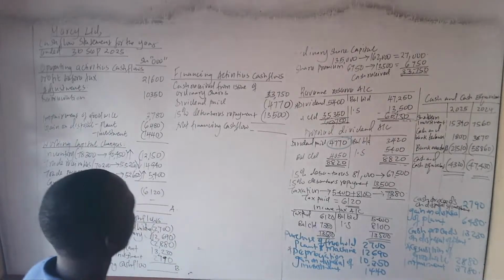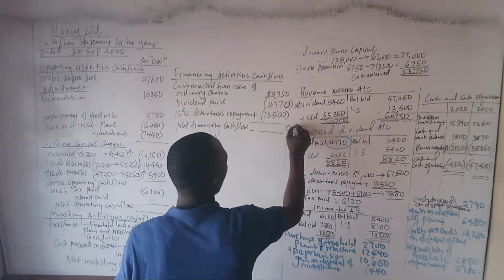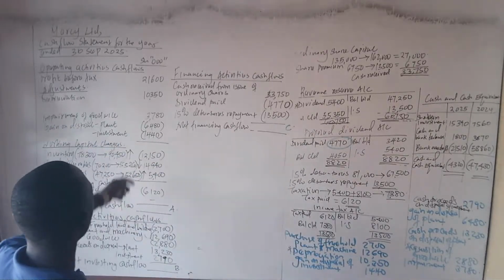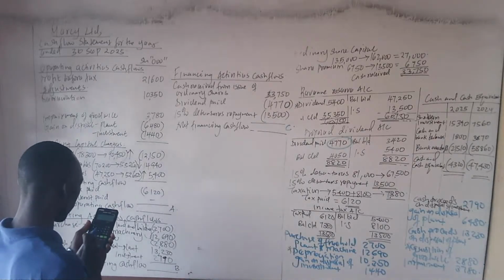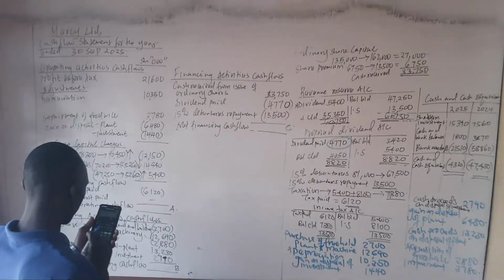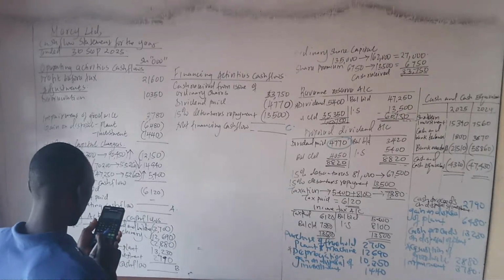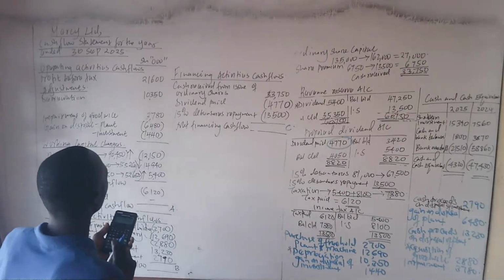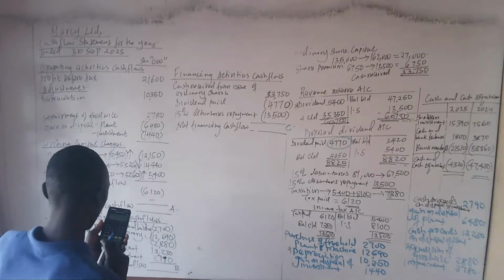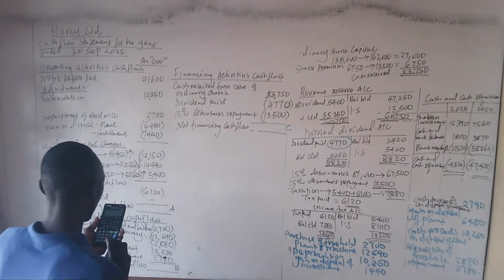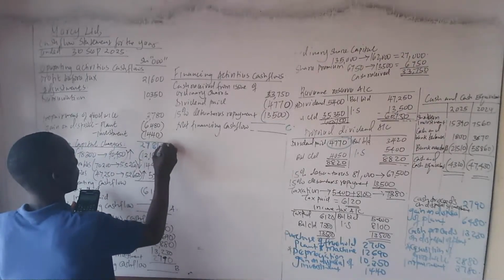Let us see. It's all about adding, because this will be our C. Let us start from the top and see how much we are going to get. So we have 21,600 plus 10,350. Then we add 3780. Then we less 6480. Then we less 1440. Therefore, we are going to have 27,810.